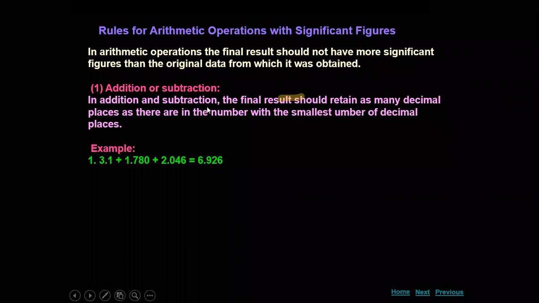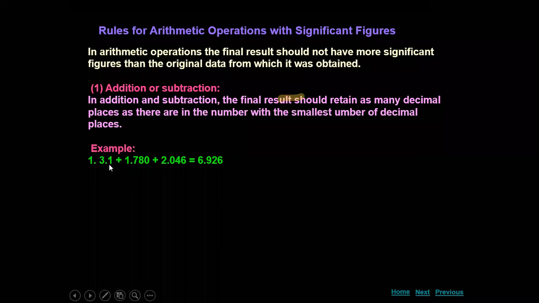For that, which of the given numbers has the smallest number of decimals? A student asks how 1.3.1 can have two decimal points. See, it is not 1.3.1, it is the first one. Instead of putting a bracket here, I kept a dot. When you see the next example, you will understand.